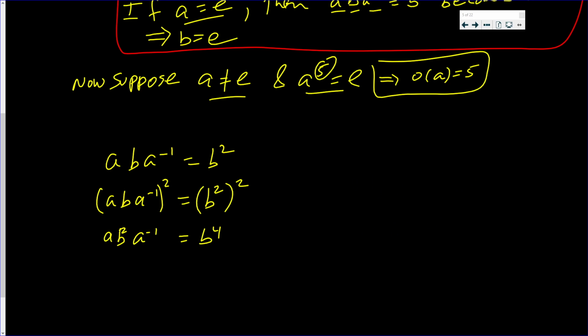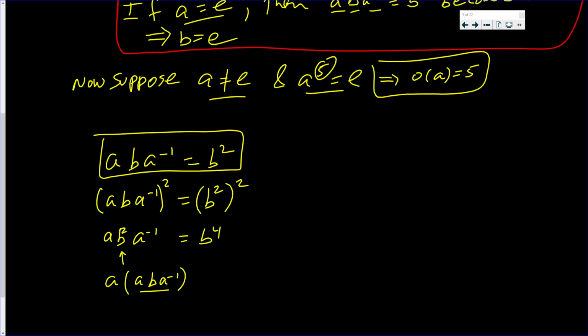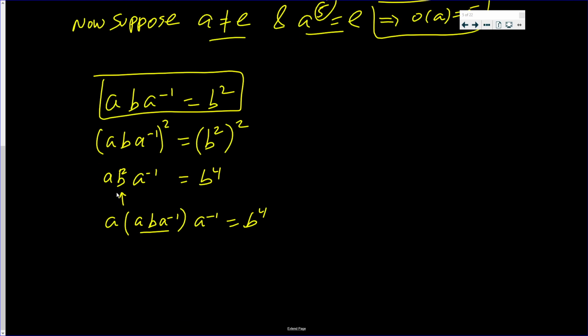We still have that same way of writing b squared, so I'm going to put the alternate way of writing b squared: a b a inverse times a inverse equals b to the fourth.